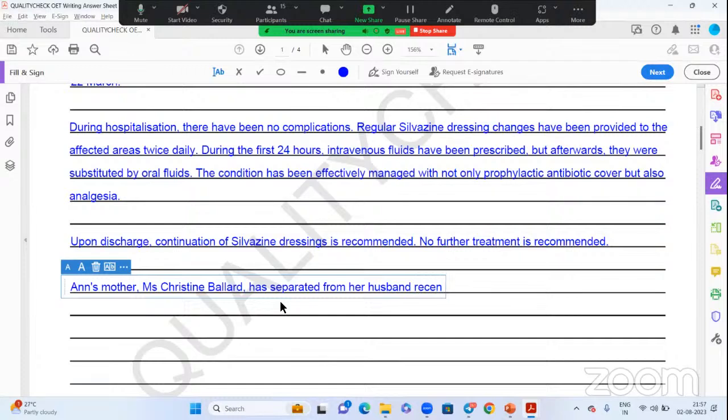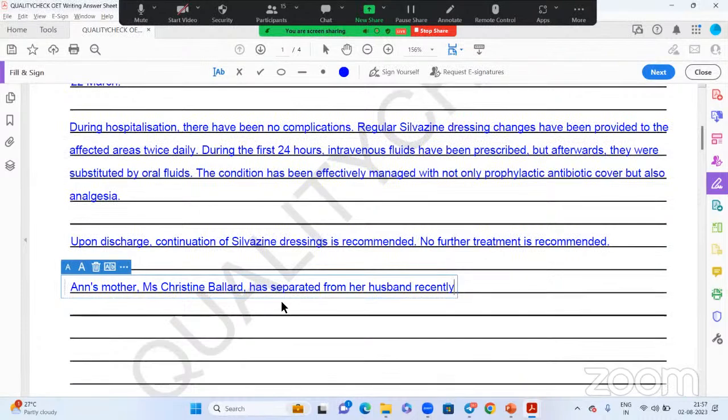You have to be very careful with the words. When you say recently, it will be present perfect, has separated. If you don't know the quality, then just write as it is, 4 months ago. And if you say 4 months ago and also say has separated, that is a grammatical error.